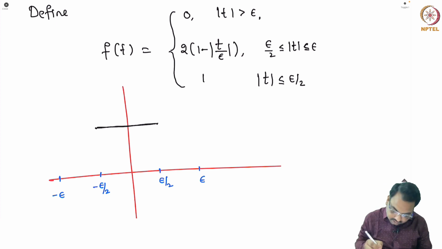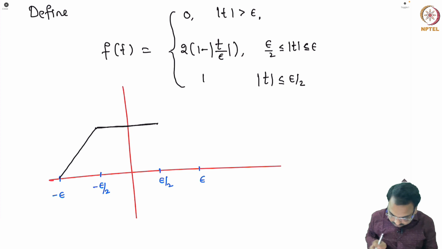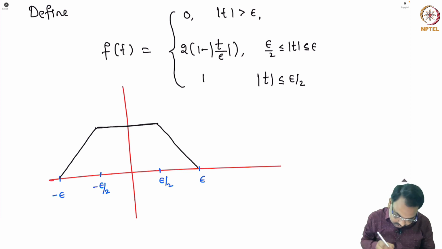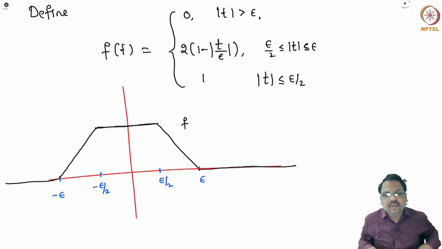So this is a continuous function, and after that the function value is 0. Okay, so this is the graph of the function.